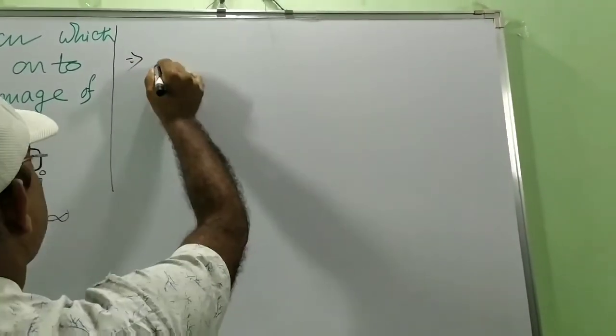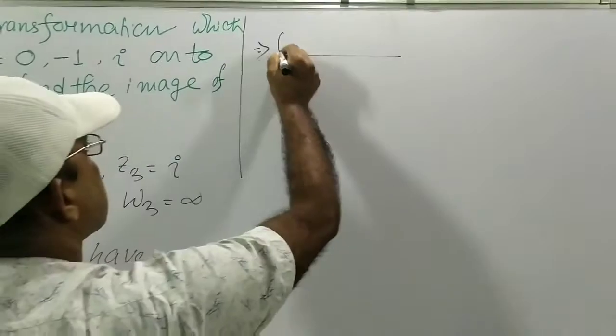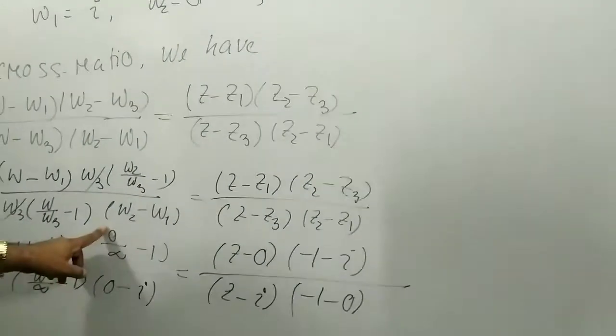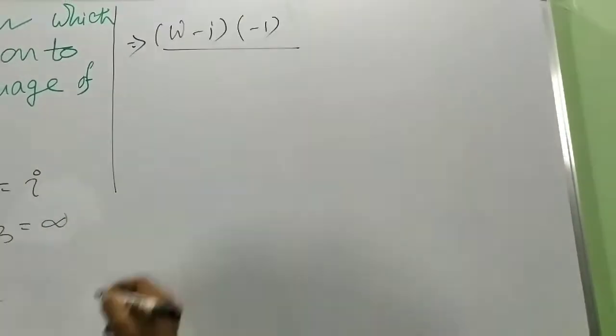So this will be w minus i, this remains the same, and this is 0 minus 1, directly we write -1.